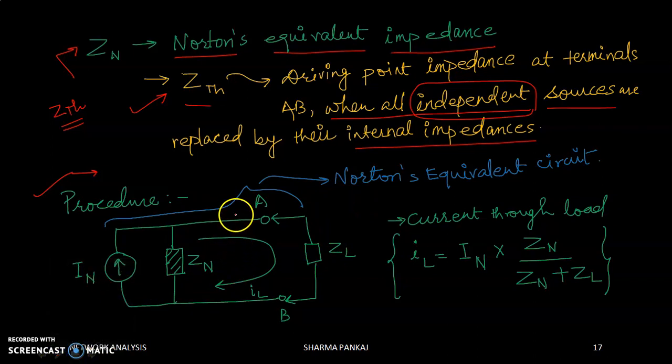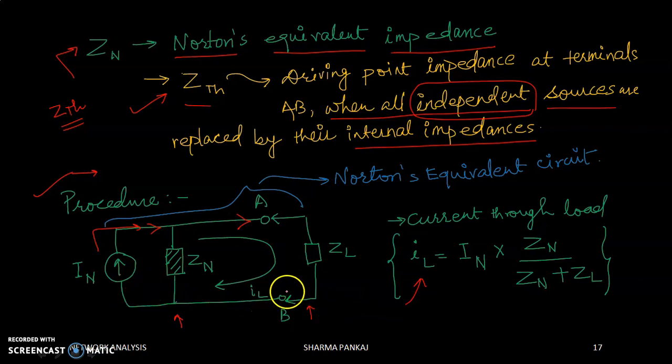This is your IL current. Now we have to find IL current. The load current IL is equal to, this is your current source. Now what are we going to do? We are going to apply the current division rule. This is in parallel with this IN, and this is also in parallel with this IN.